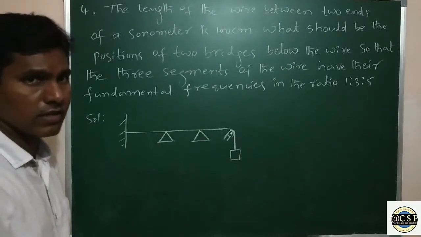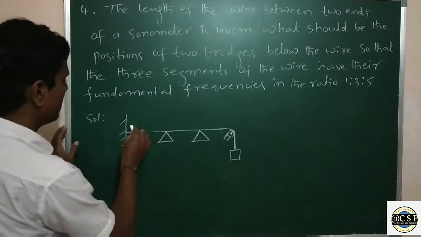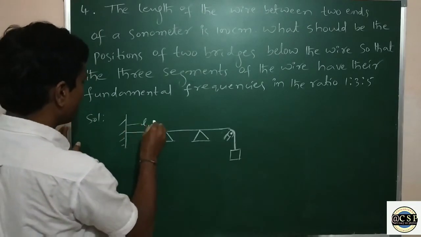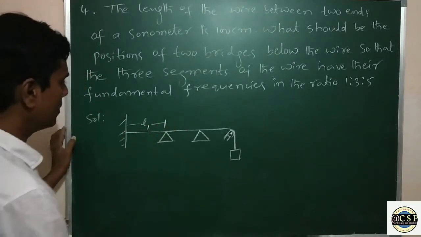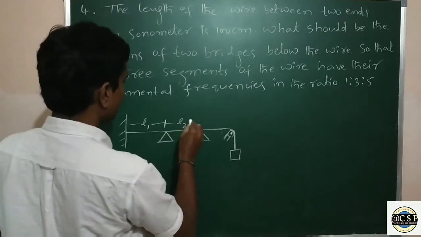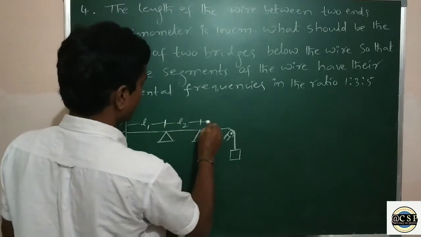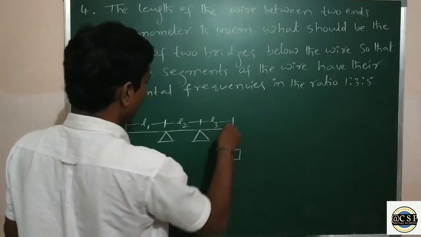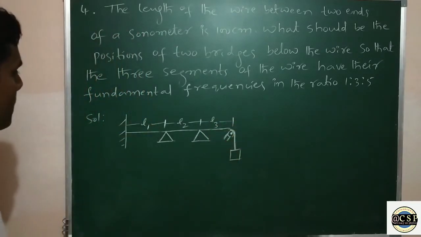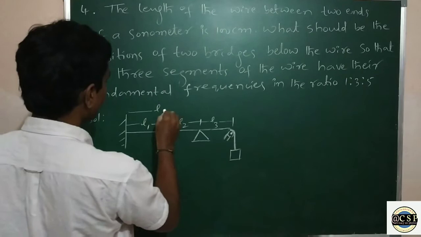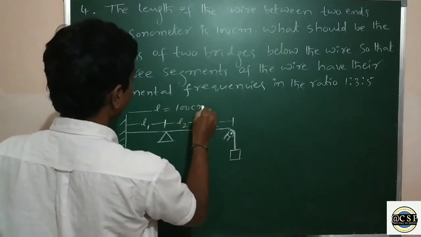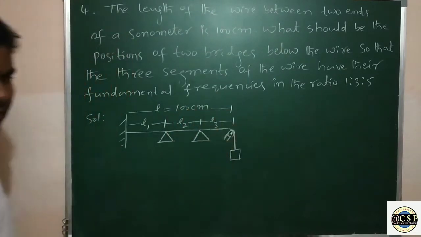The first segment has length L1, from here to here, the second segment has length L2, and the third segment has length L3, between the positions. The total length of the wire is given as 100 centimeters in the question.